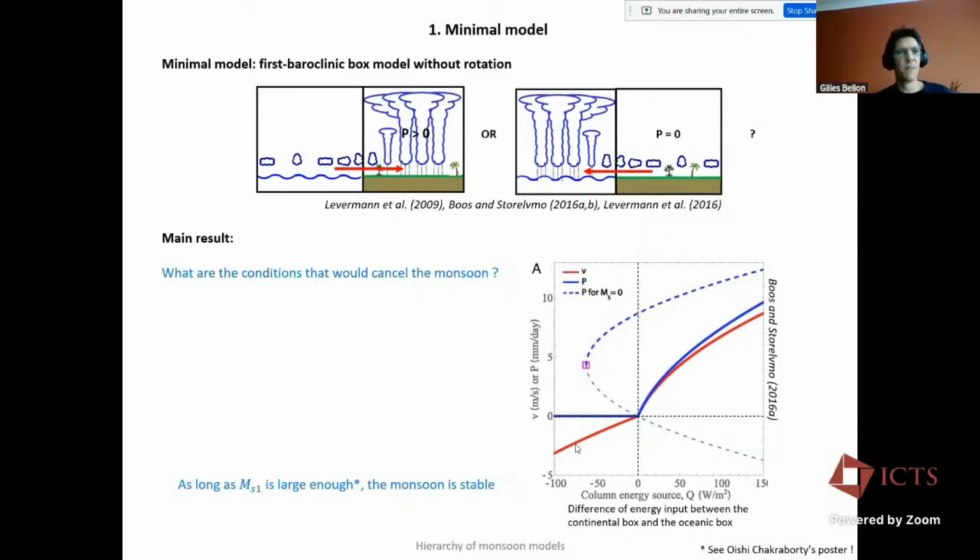So that's what we can get with the minimal model. The giant sea breeze idea gives you essentially one thing: whether the monsoon will exist or whether it will collapse. That's the fundamental result that we can get with this type of model.